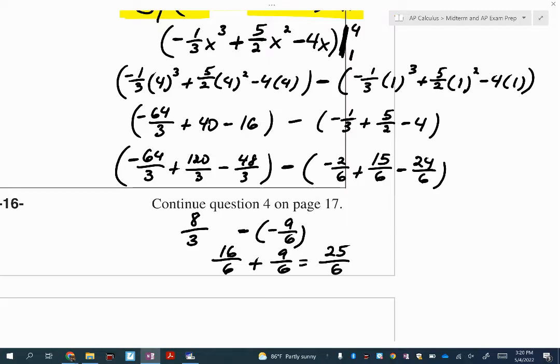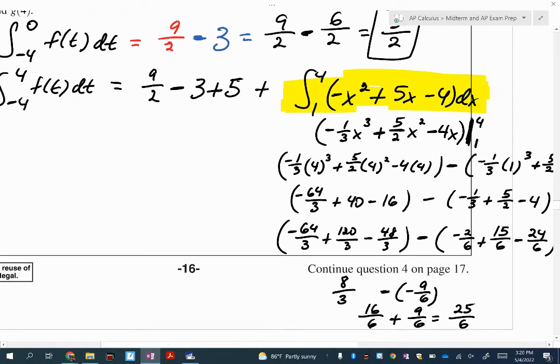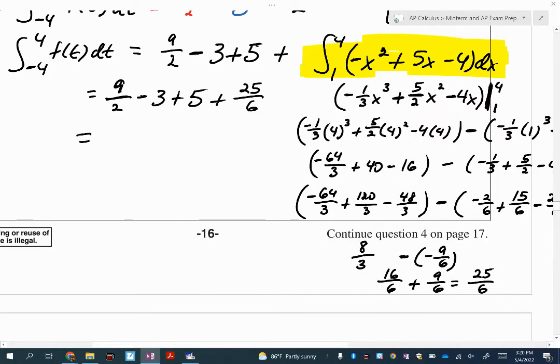Now, is that the answer? No. Right? That was a lot of work. That's not the answer. That just slots into this 9/2 minus 3 plus 5 plus 25/6. So let's go to the common denominator 6.